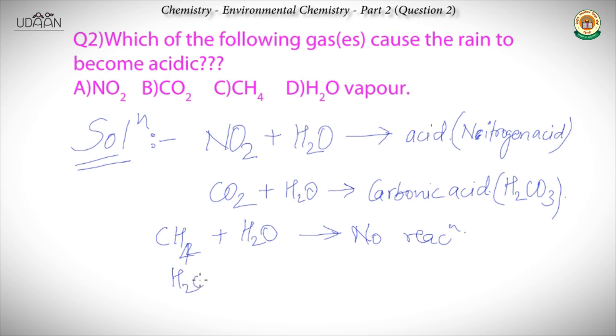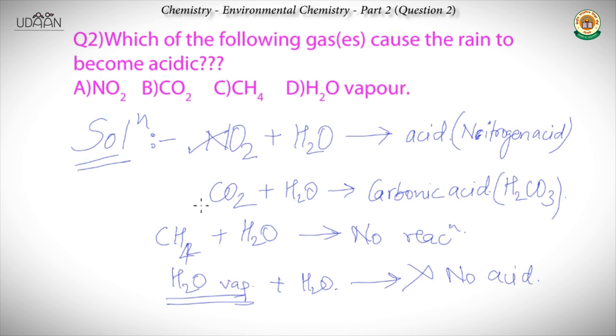And now H2O vapor would not have any reaction with H2O, that is, it is neutral in nature, so it cannot produce acid, so no acid. So only NO2 and CO2 produce acid on reaction with water, so our answer becomes NO2 and CO2. Okay. That would cause the acid rain.